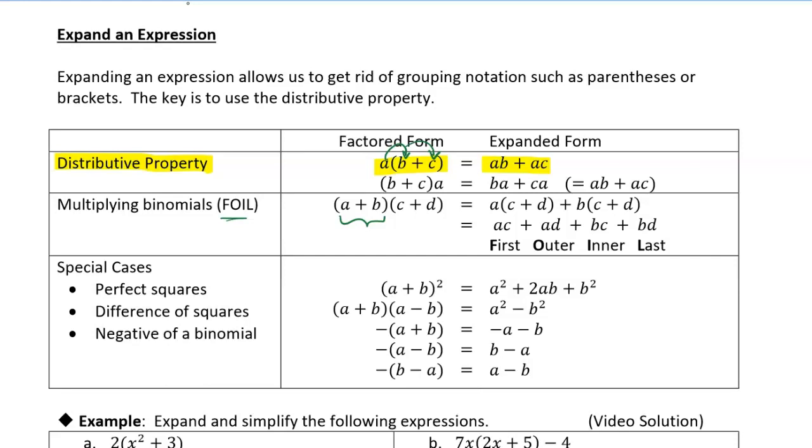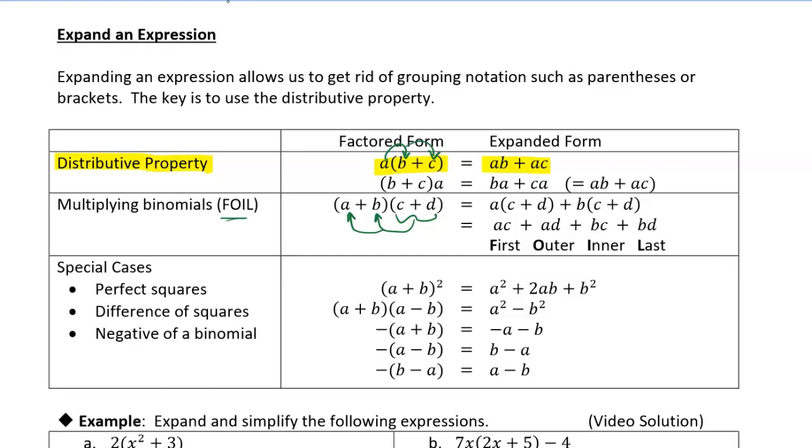So here, let me erase this. Here it looks like the example I show is that we're taking this factor C plus D and distributing it across the first factor, the two terms in the first factor, and you can see where that FOIL acronym comes from. It's really just a special application of the distributive property.